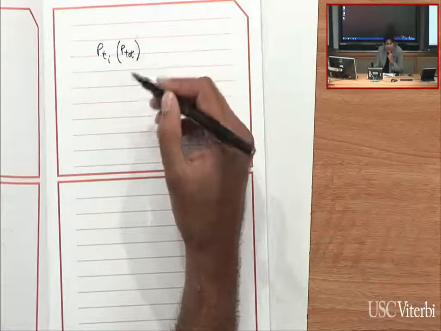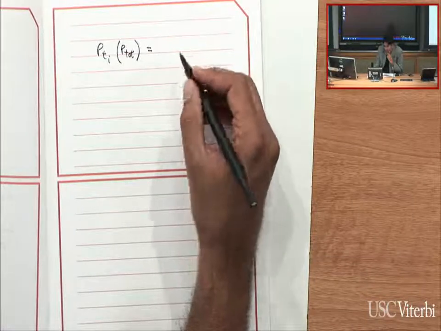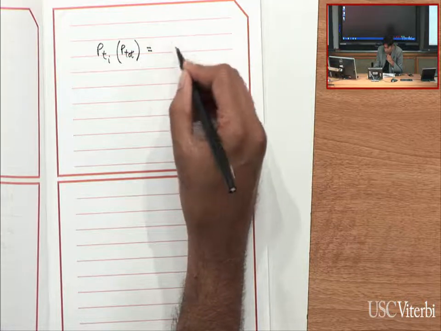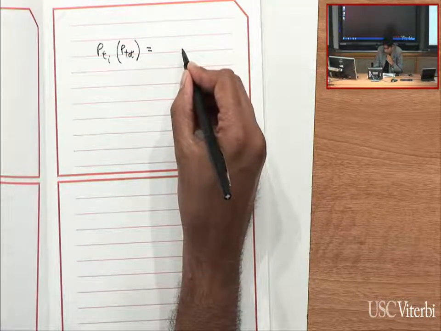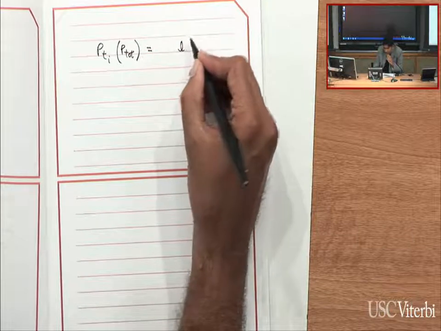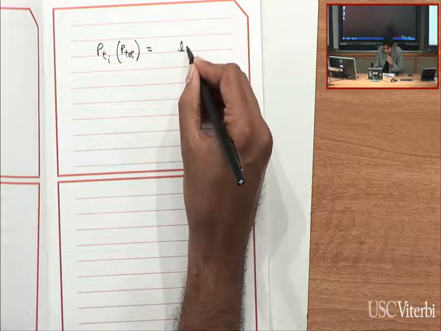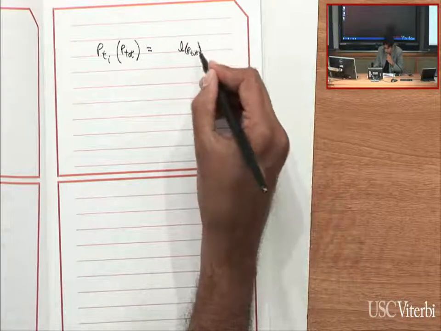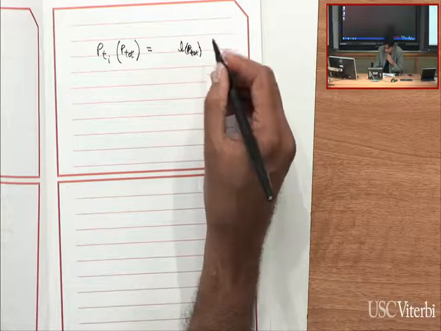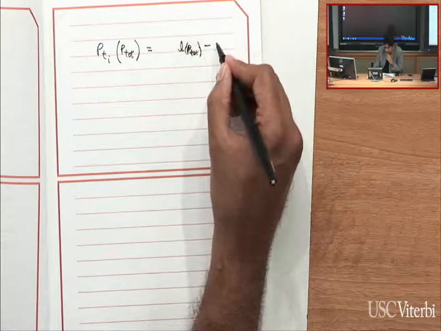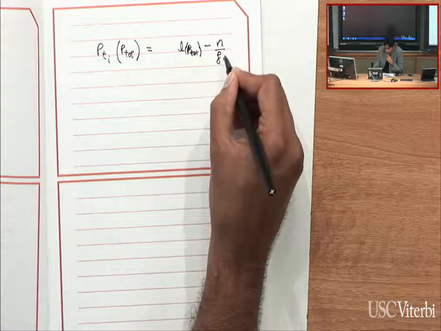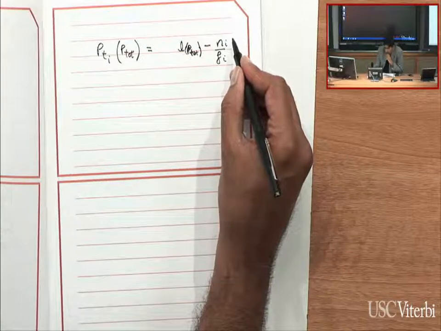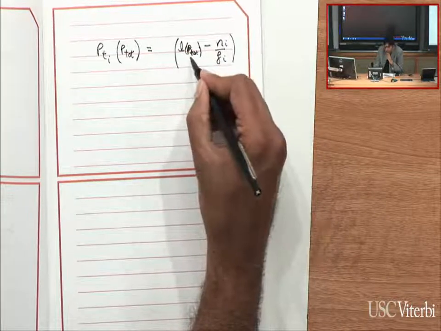Because depending on the total power, I allocate different amounts of power to each channel, is the water level that we're going to get, and for now, let's just call it L of P total. This is the level, minus the noise to gain ratio for that channel, right? But only if this number is positive.